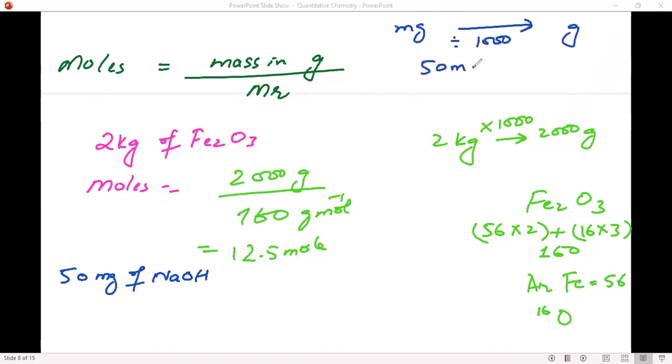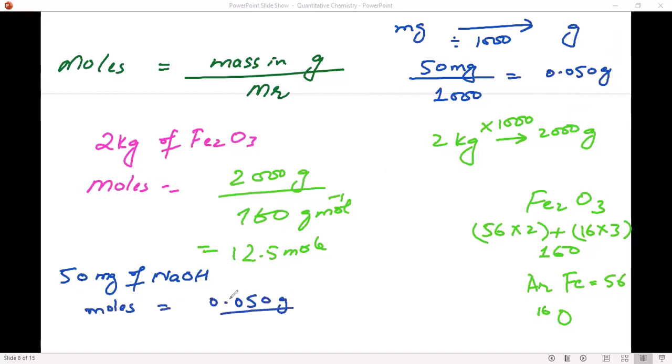So 50 milligram divided by 1,000 is equal to 0.050 gram. Now to find moles, I put 0.050 gram here, and the MR of sodium hydroxide is 40. When you solve it, you can write the answer as 1.25 × 10^-3 moles.